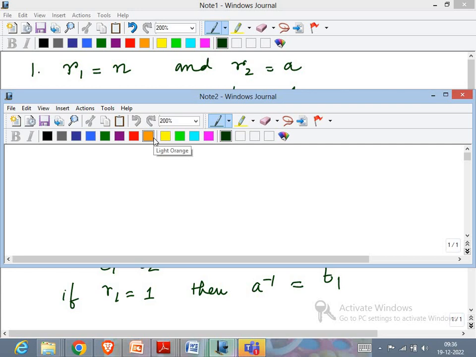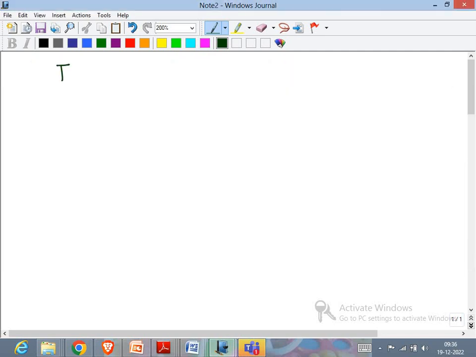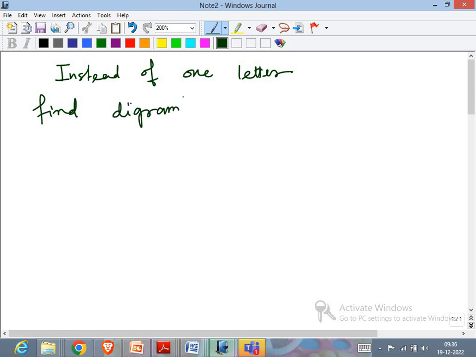The logic is that instead of one letter, we are going to use two. We are going to find two letters. So instead of one letter, find digram. This is the word I wanted to find.